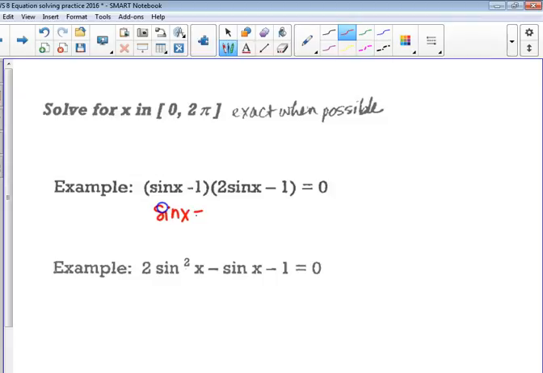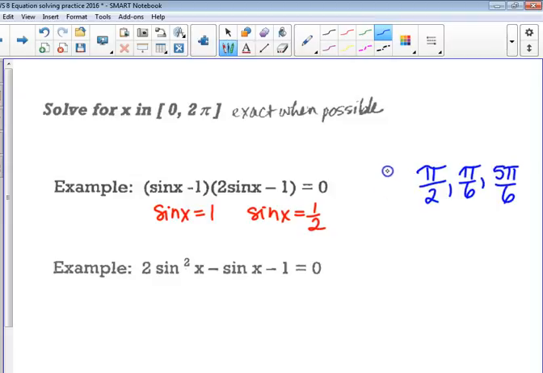This first one is factored. So tell me all the solutions from 0 to 2 pi. Where's the sine 1 or 1/2? Anybody agree or disagree?